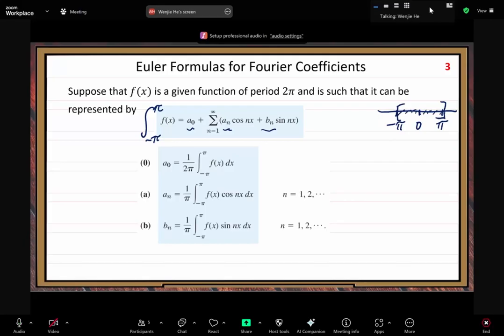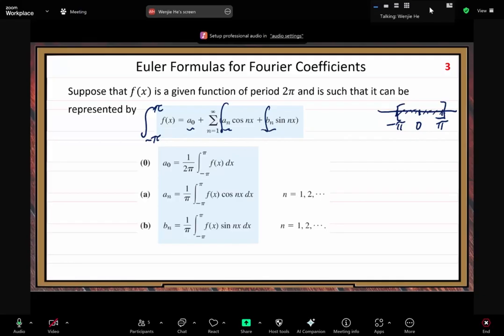That's the reason most people like to choose a symmetric period to represent their functions. So now you will take the integral of both sides. The integral of all these terms is 0, right?